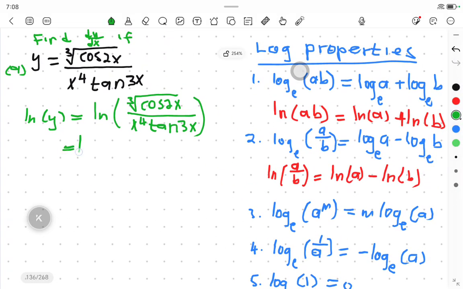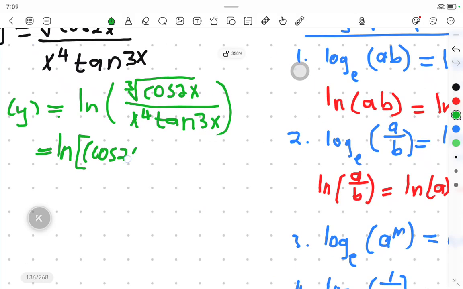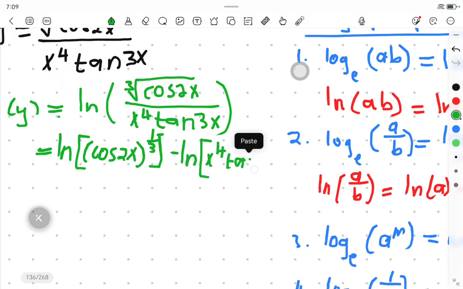On this problem, the first thing we see is division. That is the most prominent one here. So we can say ln of the cubic root of cos 2x, which I'm also allowed to write as cos 2x to the 1 over 3, minus, since it's a division, ln of x to the 4 tan 3x.